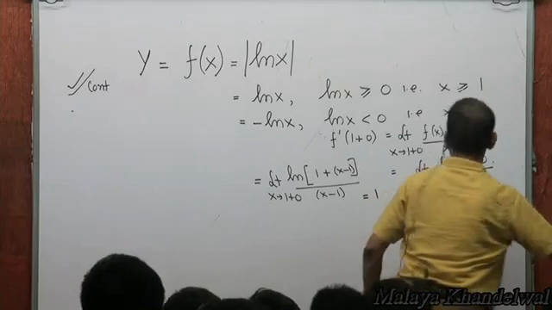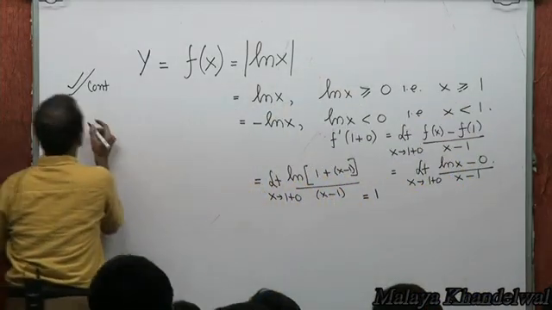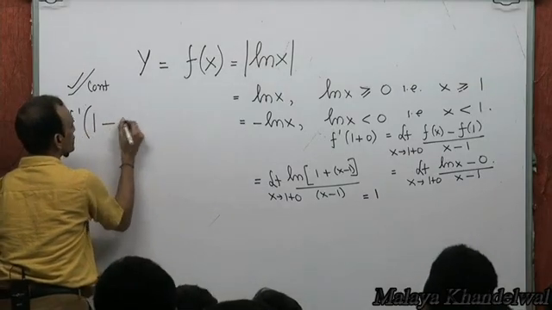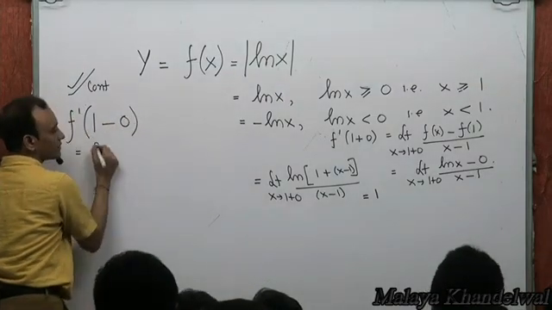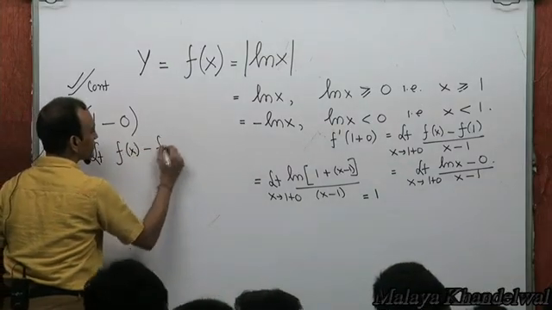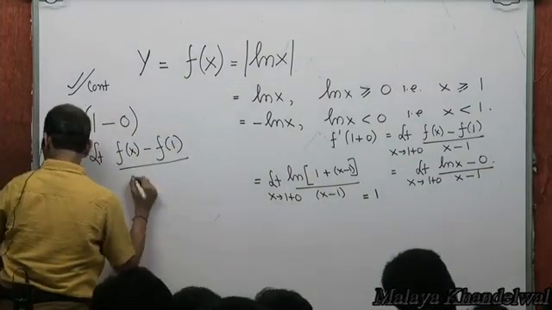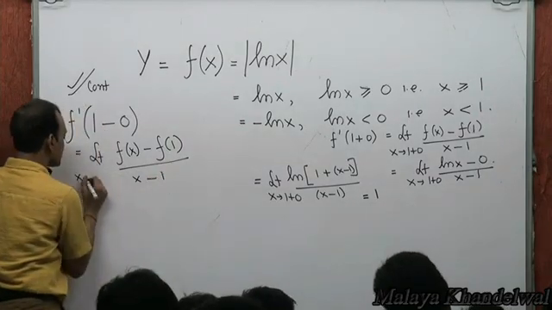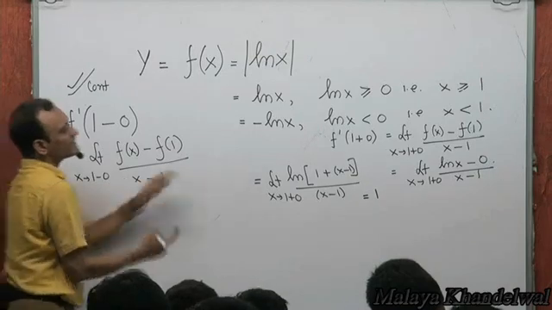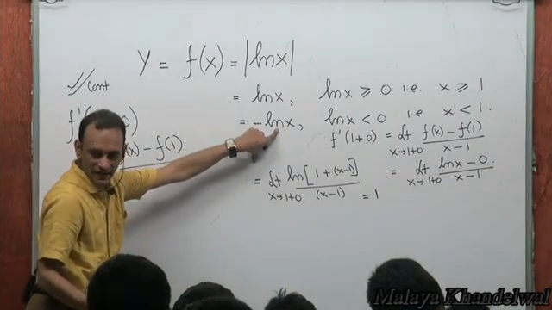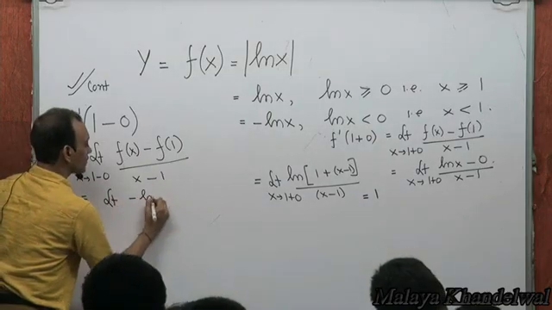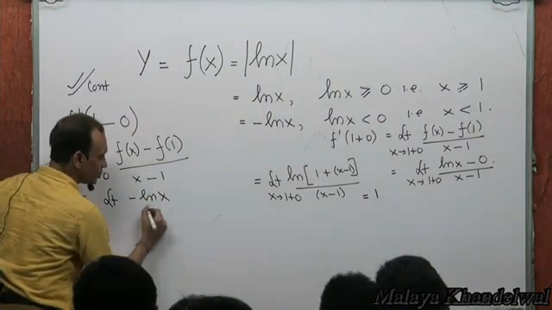Whereas the slope of the left hand tangent is limit fx minus f1 by x minus 1 as x tends to 1 from the less than 1 side. When x is less than 1, its description is minus ln x, and f1 is 0.